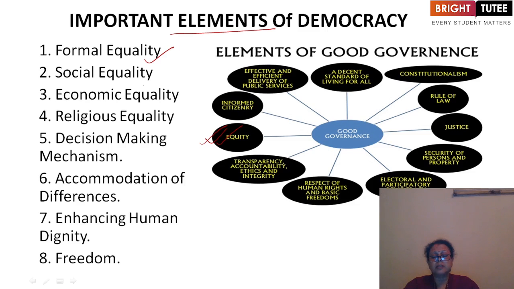Then the second is social equality. So what does it say? This is social equality. The main aim of society in democracy is to remove all social differences and to promote a healthy and friendly environment where people enjoy the right to equality in all fields, whether it is job opportunities or whether they practice their religion.